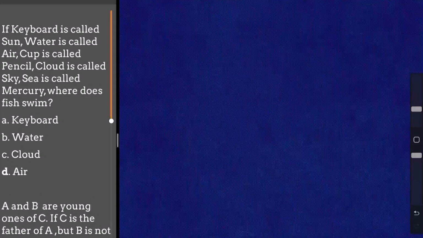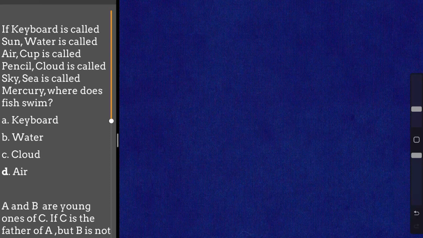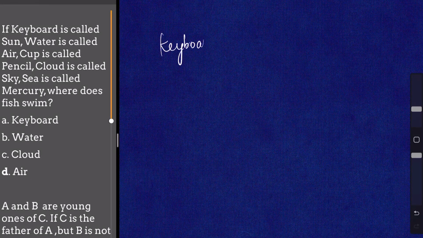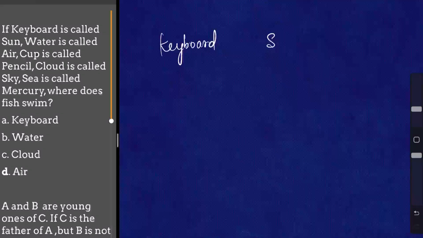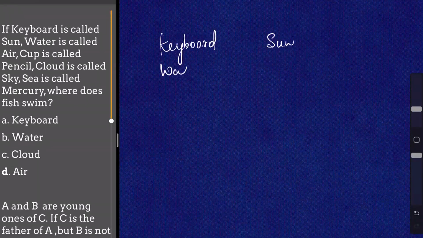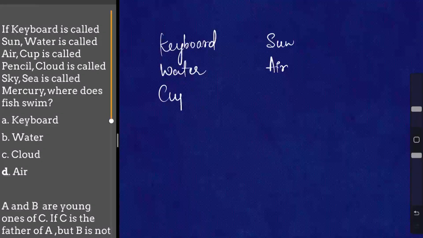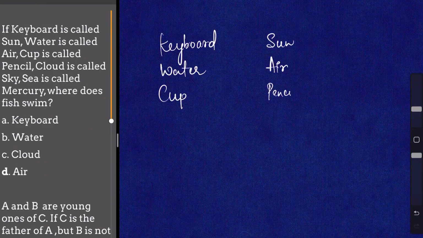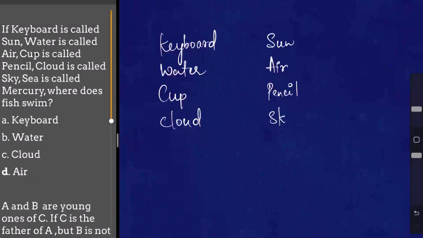Next, once again we have coding decoding. In this case, it's the whole word itself. Keyboard is called sun. Water is called air. And cup is called pencil. Then cloud is called sky.